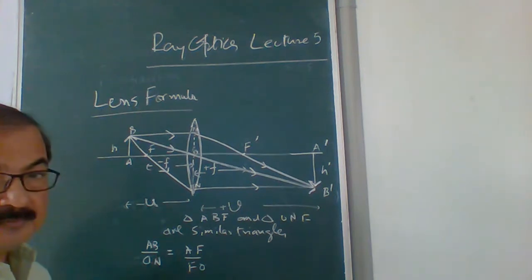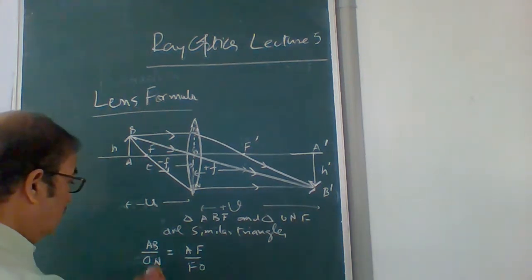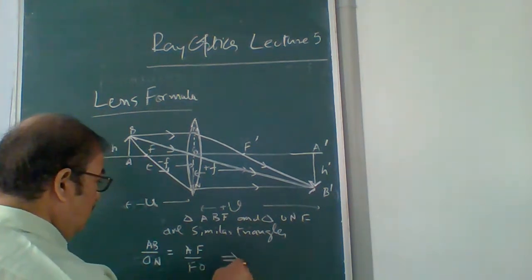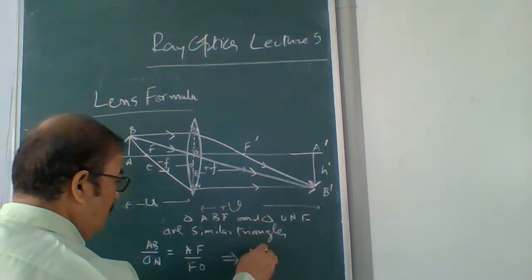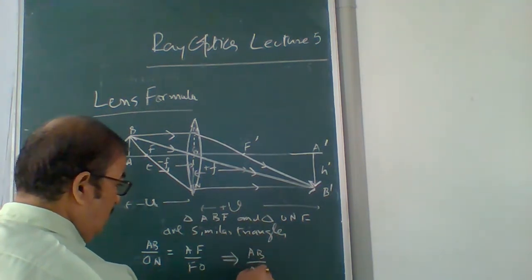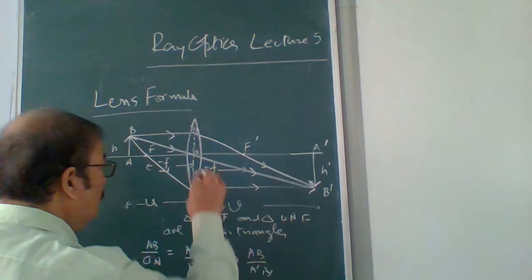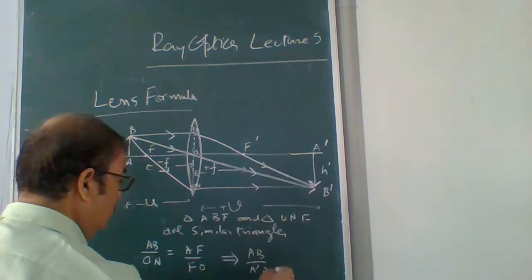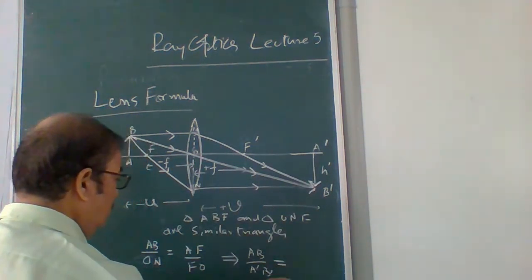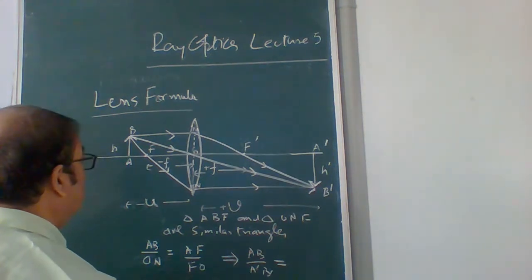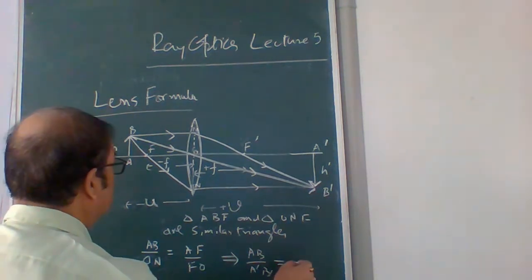Okay, FO. This is there, and we can just write it again, AB upon A dash B dash, because ON is same as A dash B dash, and this is equal to AF. In place of AF, what we can write?